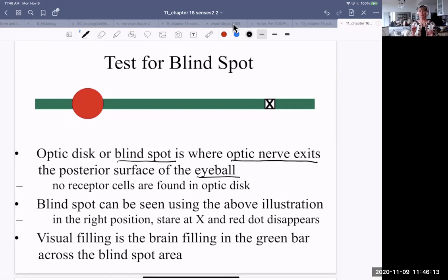You have to be in a very particular spot for that to work. But you can test it yourself online. What happens is your brain just fills in the red spot with the green line because it just figures that must be what's there. So that's the blind spot.